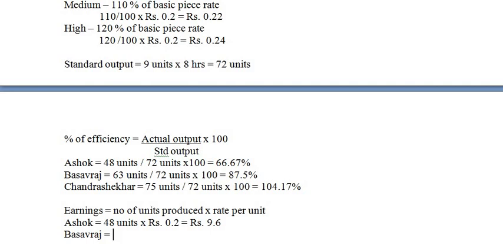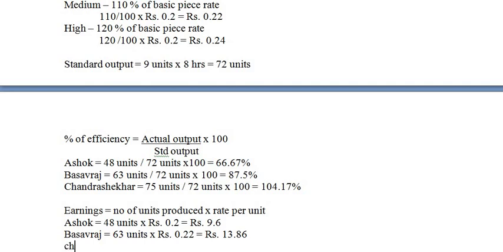He has produced 63 units. His efficiency level is 87.5%. It means medium piece rate is applicable. So medium piece rate is 0.22, that is equal to rupees 13.86.